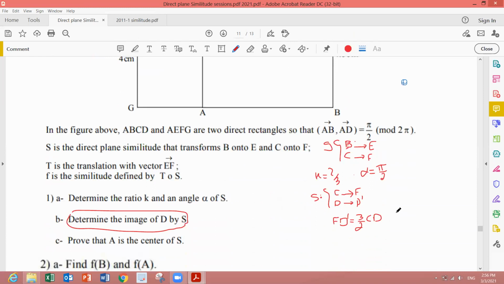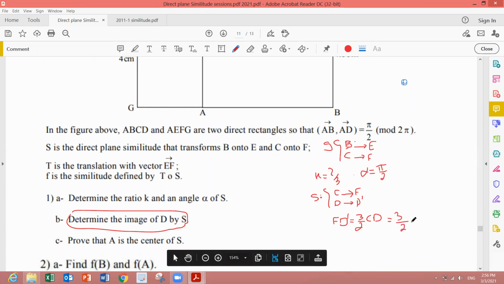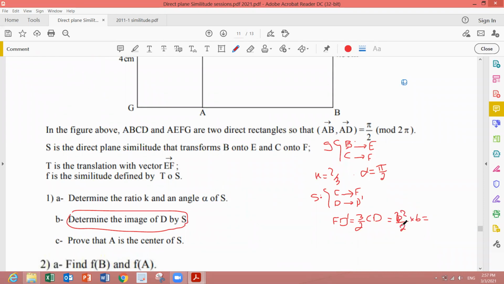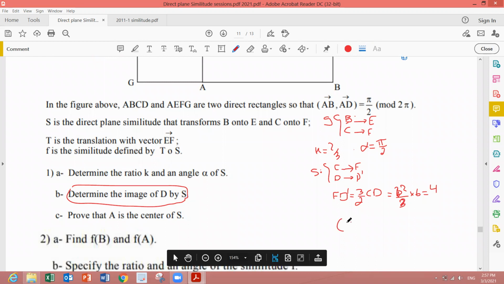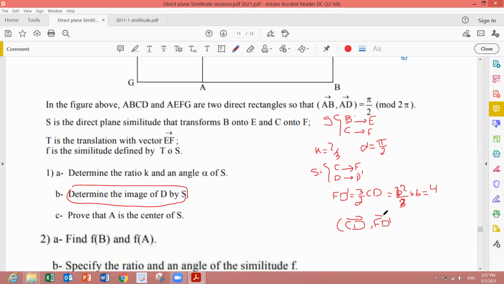Yes. 3 over 2 times 6 equals 9. No, 2/3. This one is 2/3. We get 4. Now the angle CD, FD prime equal pi/2.